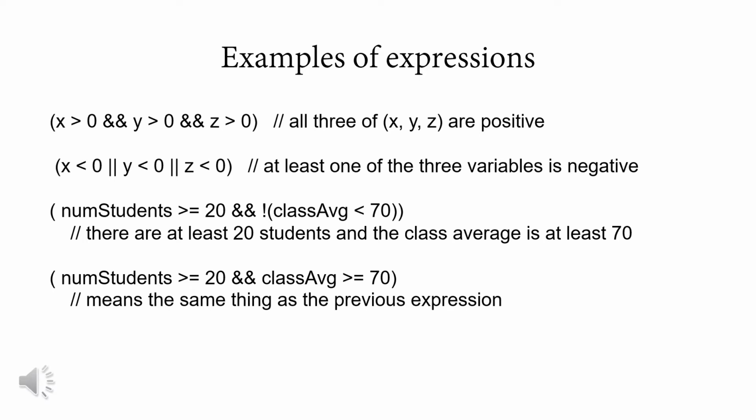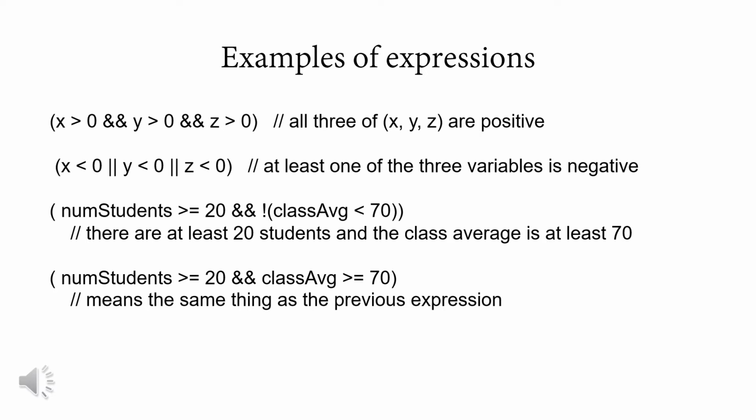So here you can see some examples. In the first one, it says x greater than 0 and y greater than 0 and z greater than 0. This means this expression is true when all of x, y, and z are greater than 0.